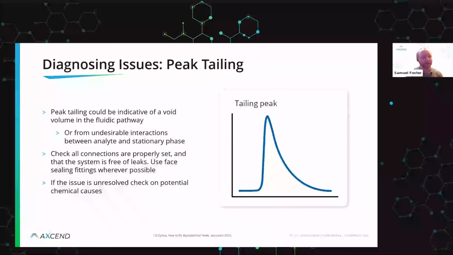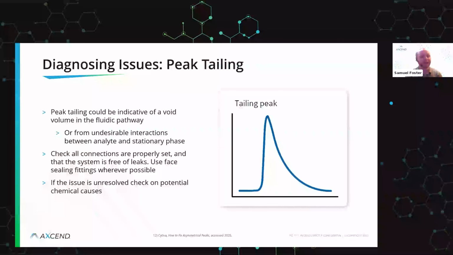So some good advice if you're looking at your chromatography and you're starting to see some issues. If you see long tailing peaks, this isn't always indicative of void volumes in your system. It could be mismatches with analytes or a whole bunch of different issues chemically. That being said, it also could be indicative of various different issues that we've discussed today in your system.